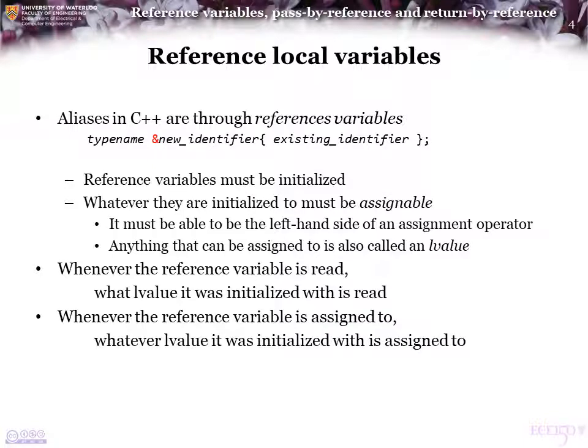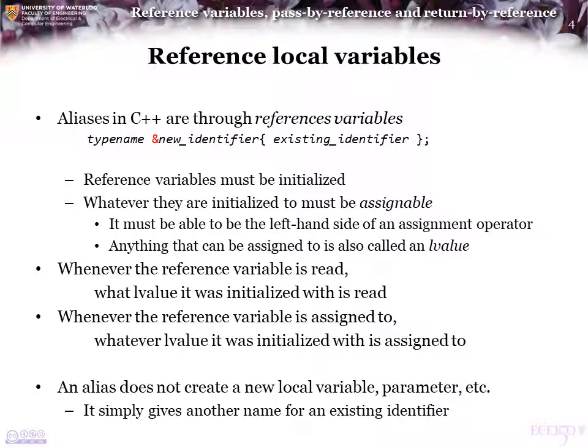Similarly, whenever a reference variable is assigned to, whatever L value it was initialized with is what is actually assigned to. An alias does not create a new local variable, a new parameter, etc. Instead, it just gives the compiler a different name for an already existing identifier, be it a local variable or a parameter.